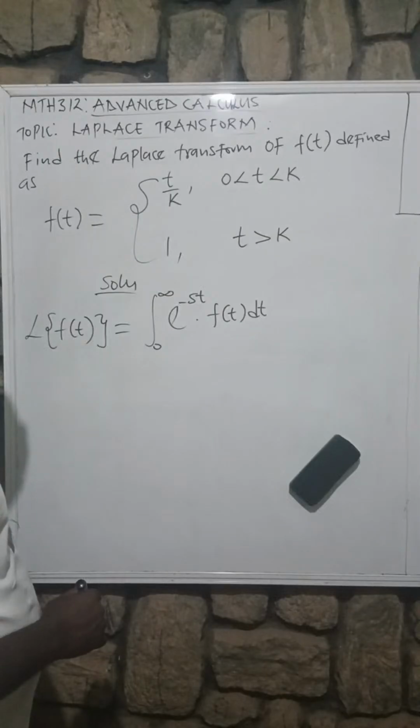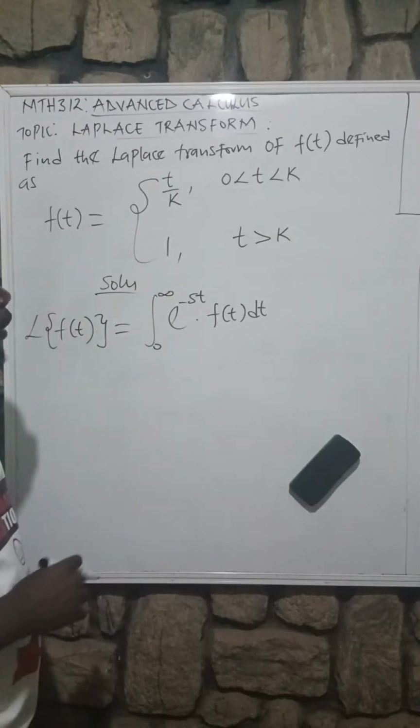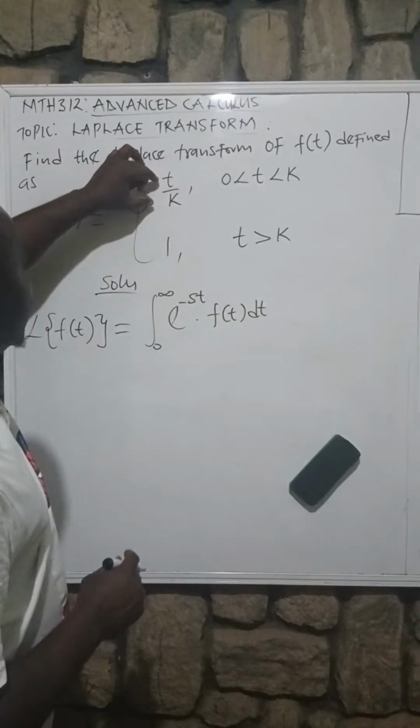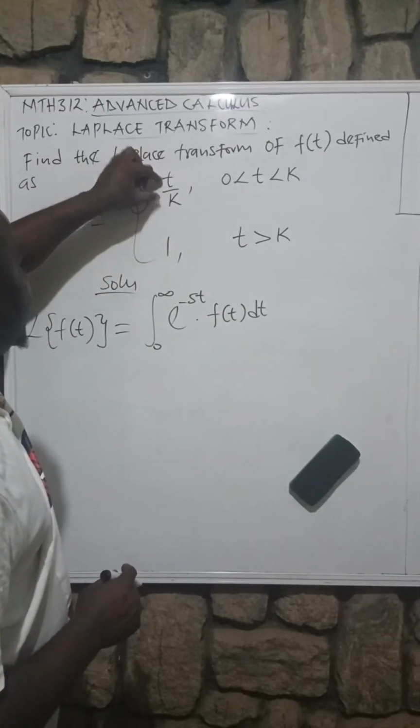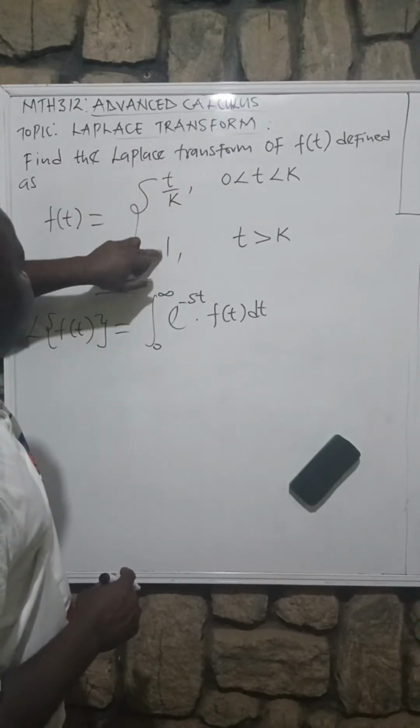Right? But now in this function, this is one function and this is another function. The function here is t all over k, then the function here is 1.